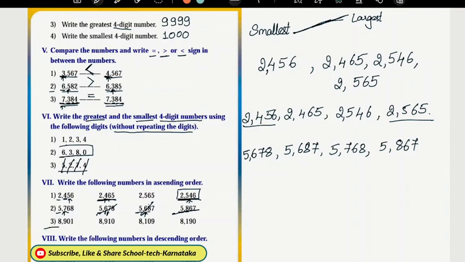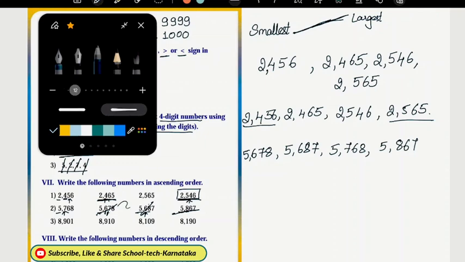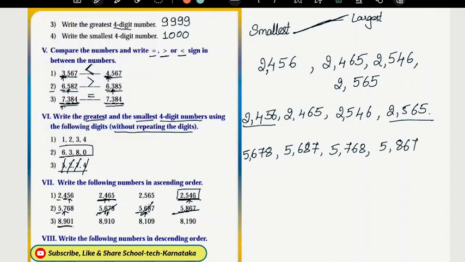So similarly, for our next example, the numbers that we have are 8901, 8910, 8109, and 8112.